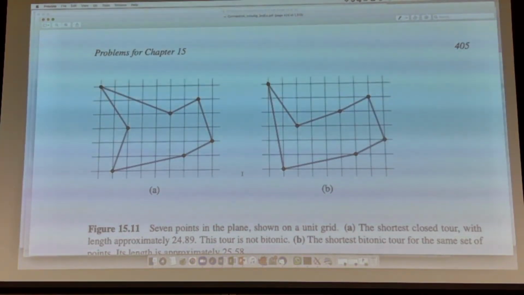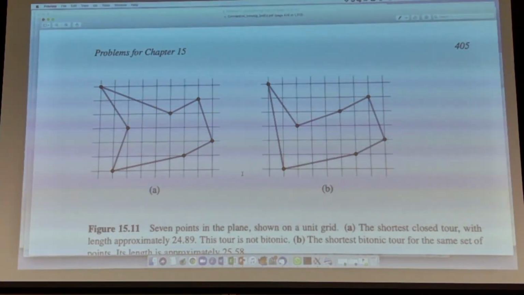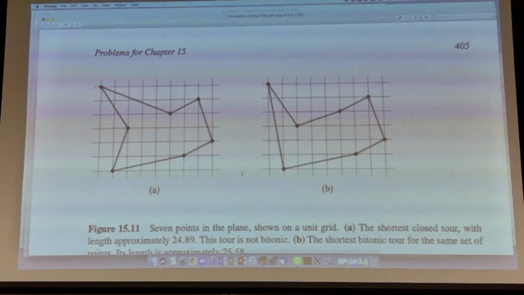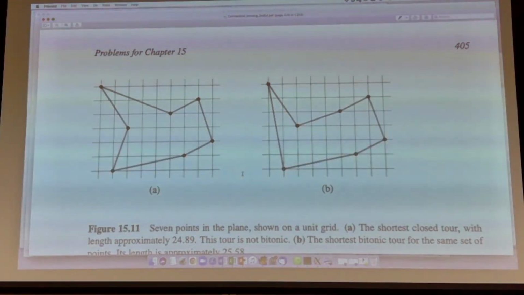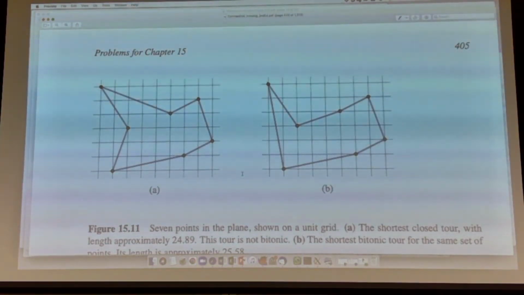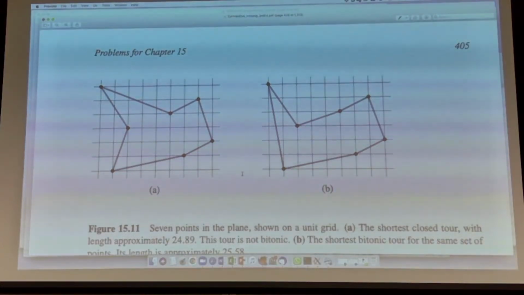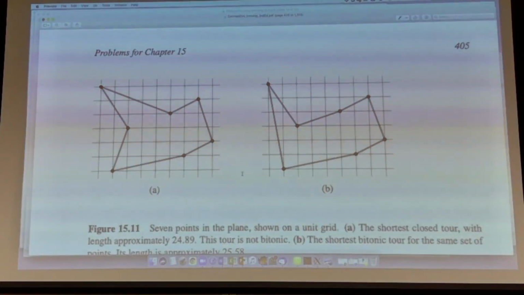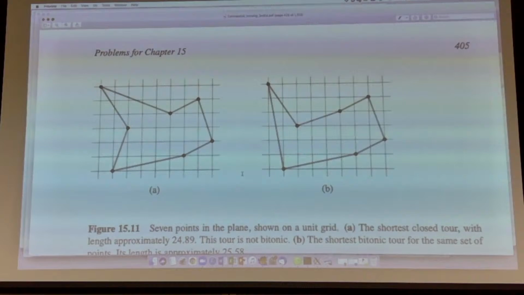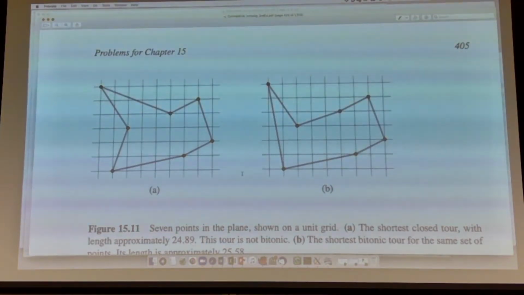Essentially, what you're trying to do is to put some of these points on the westward path and the remainder on the eastward path in such a way that the total distance is minimized.